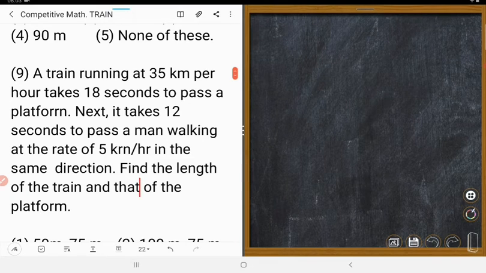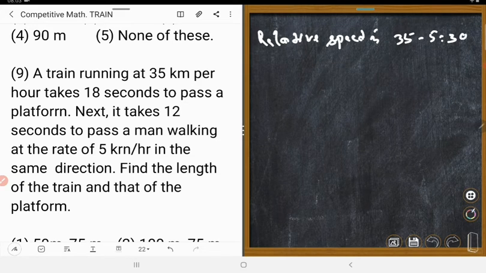So the man and the train are in the same direction, so the relative speed of train and man is 35 minus 5, equal to 30.